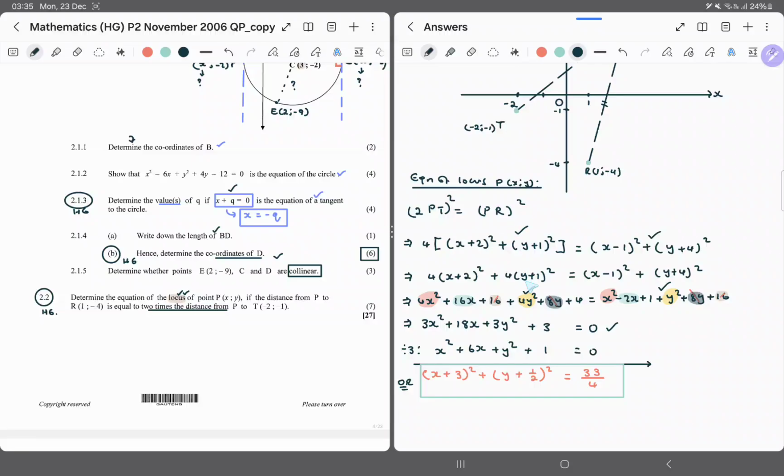So this is 1, 2, 3, 4, 5, 6. We can just easily say here is the general substitutions, the extra mark. So in a nutshell, we have 7 marks, and then, guys, we are taking some lousy 27 marks.